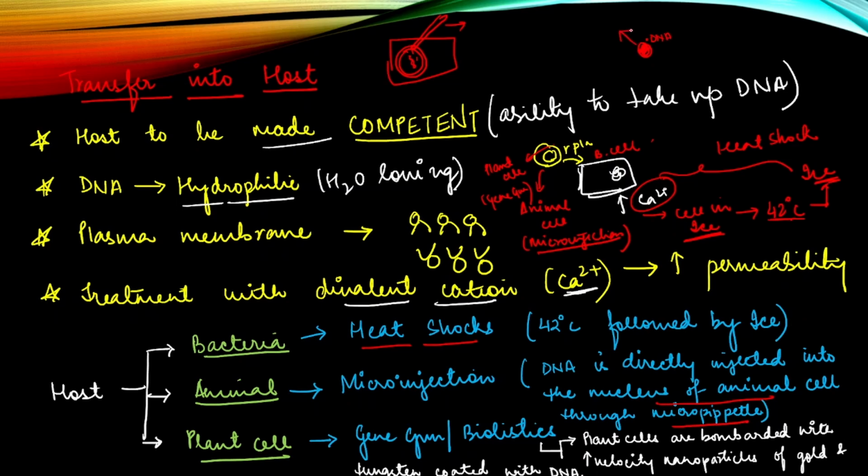Now we insert this gold, or tungsten, with DNA into the plant cell. This is a plant cell, and this is its nucleus. We bombard it with high velocity, and the particles start moving inside the cell. So that is how we transfer the recombinant DNA into the host cells.